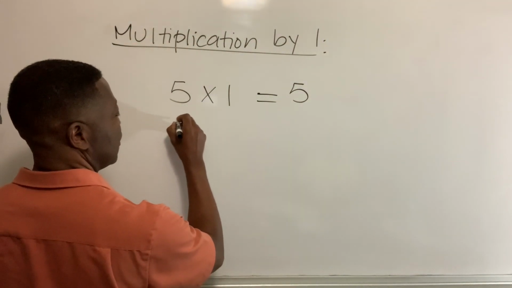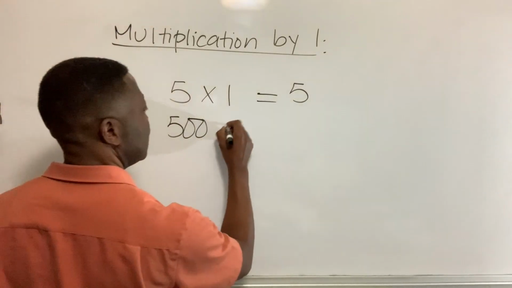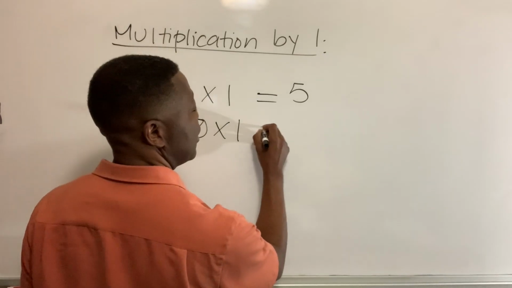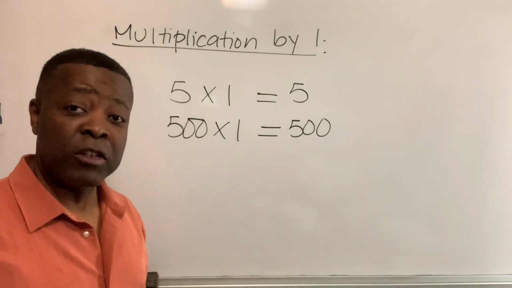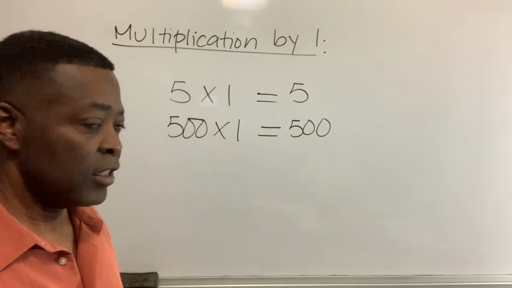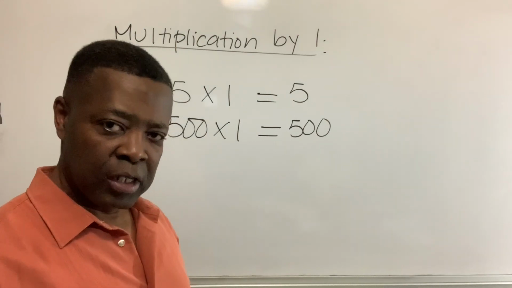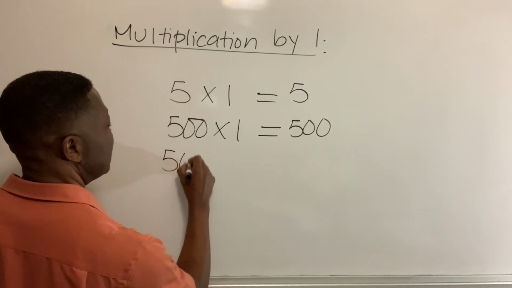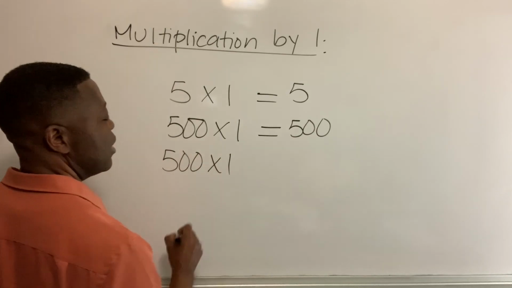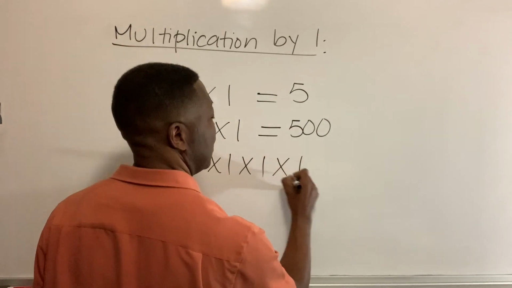I may have 500 times 1 equals 500. I don't change anything. And it doesn't matter how many times I multiply this number by 1. Let's say I multiply 500 by 1, then another 1, then another 1.